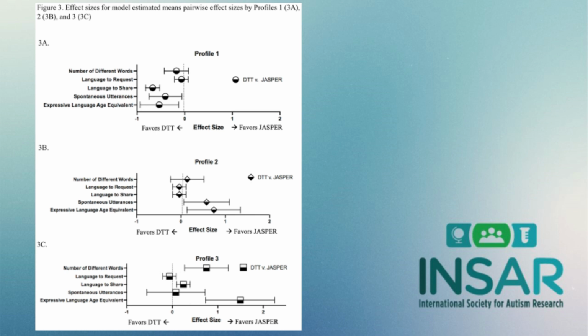Those who were not frequent communicators, but used more words than the other group, had some more words, but they also had stronger cognitive skills. They gained more language overall with the more natural approach, or JASPER. So we are seeing that these varied child traits or skills are impacting how they're learning from a particular approach, at least in this minimally verbal sample.